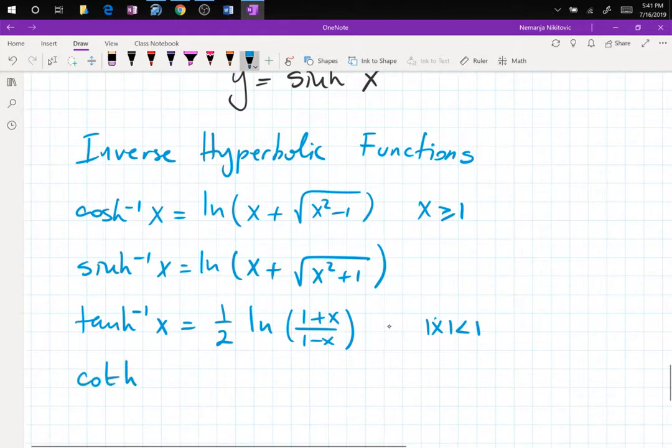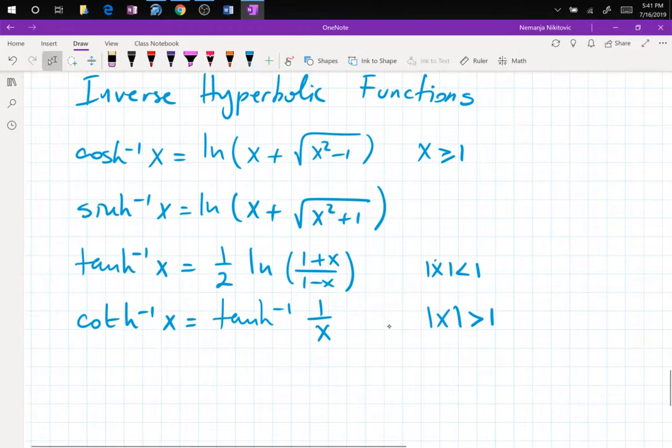Cotangent hyperbolic inverse of x is going to be tangent hyperbolic inverse of 1 over x for absolute value of x larger than 1.